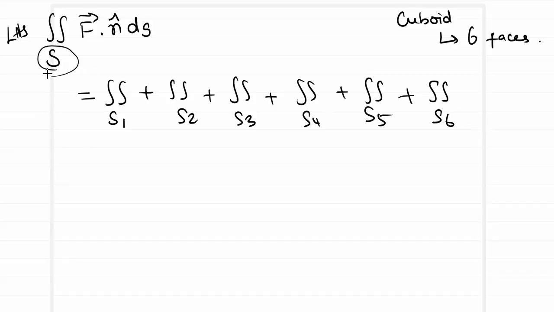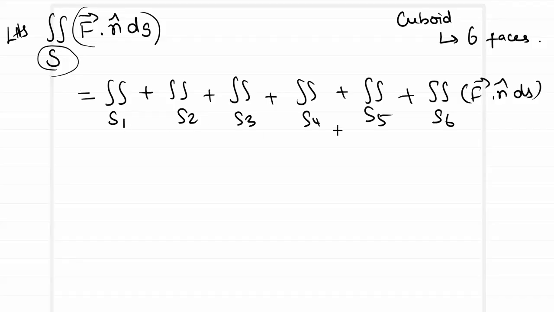So this single integral is now split as 6 different integrals. And now this f dot n cap ds is computed for each and every component, and then if I add them, it is my left hand side.